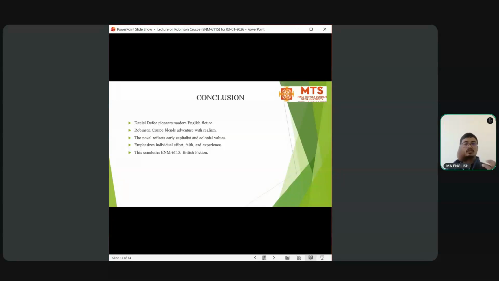Daniel Defoe's Robinson Crusoe is a landmark text in the history of English literature, because it is considered one of the earliest English novels and plays a major role in the development of realistic prose fiction.